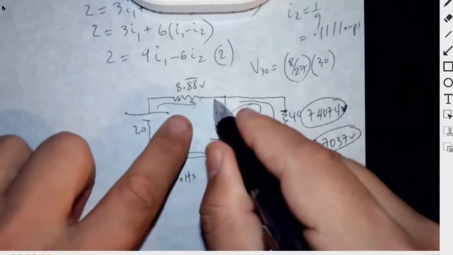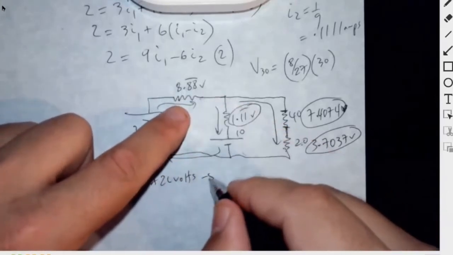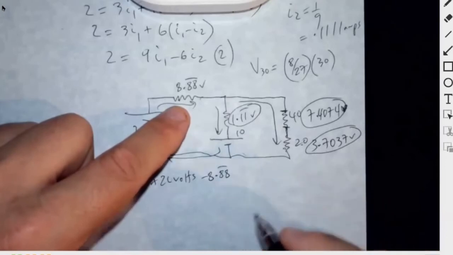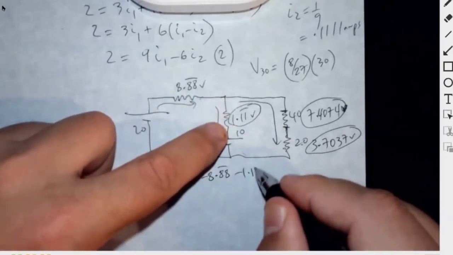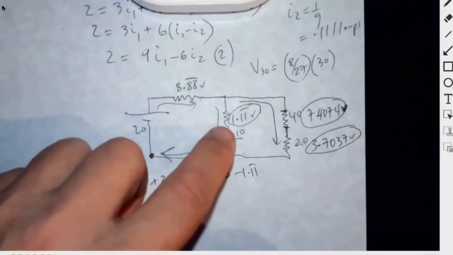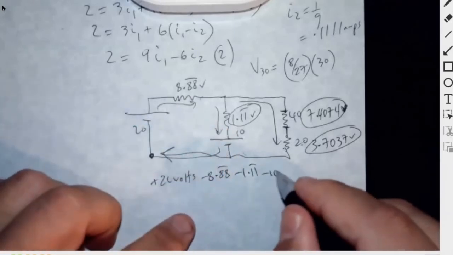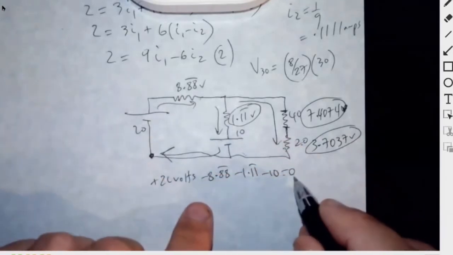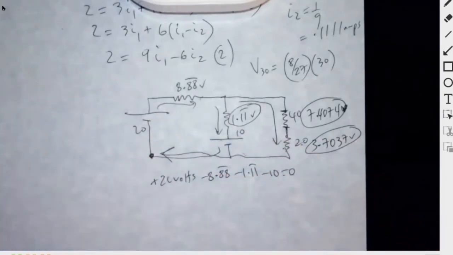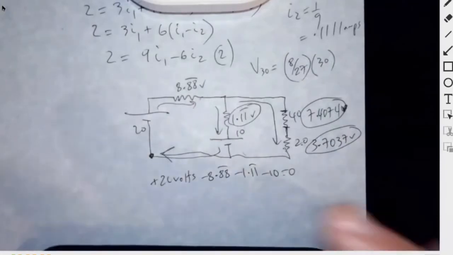I go this way, I lose 8.8 with repeating 8s. Then I go down, I lose 1.11 with repeating 1s. Then here I lose another 10. Then I come back down and close the circle. So all the voltage gains and losses should be 0 if you do a complete loop.